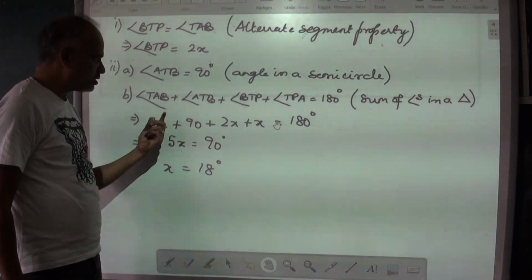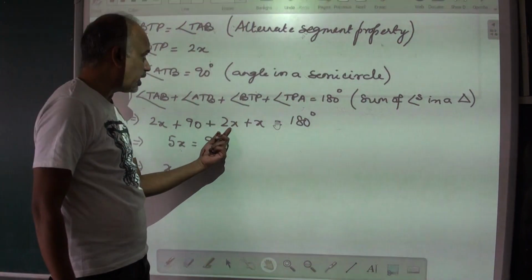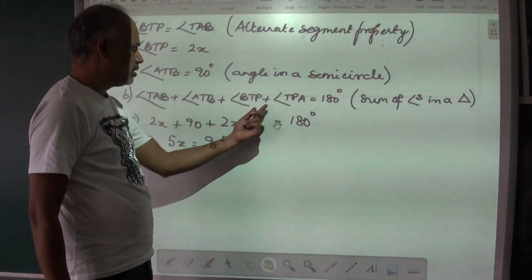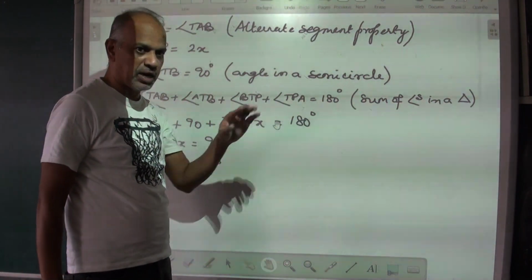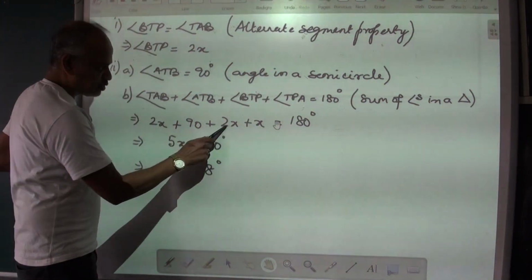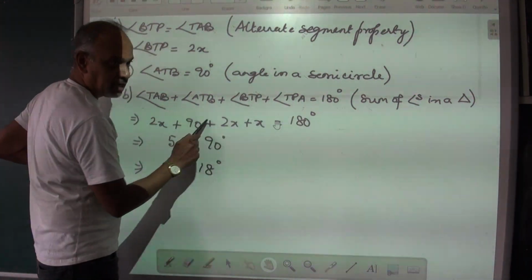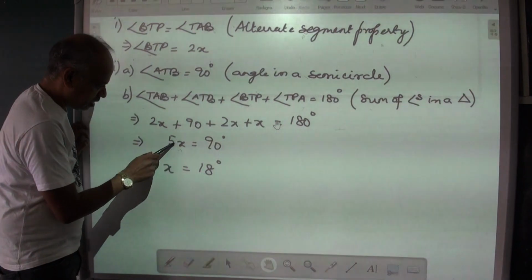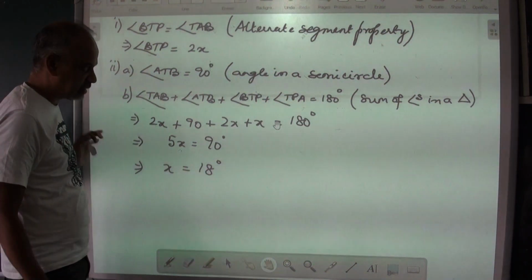TAB's value is 2x, ATB is 90, BTP is 2x, and TPA, the angle outside, was x. All added together is 180. 2x plus 2x plus x is 5x, equal to, shifting this 90 that side, 180 minus 90 gives you 90. So x is equal to 90 divided by 5, that gives you 18 degrees.